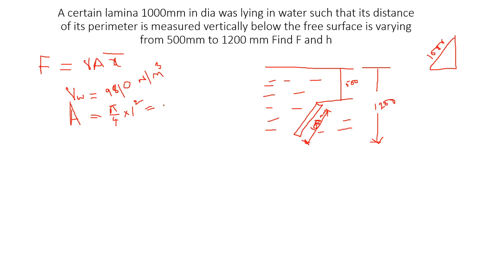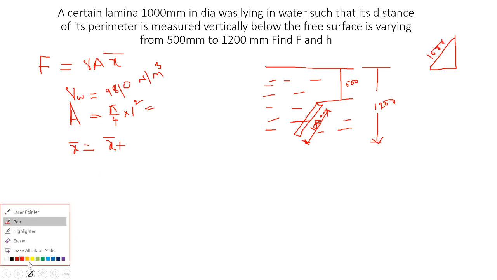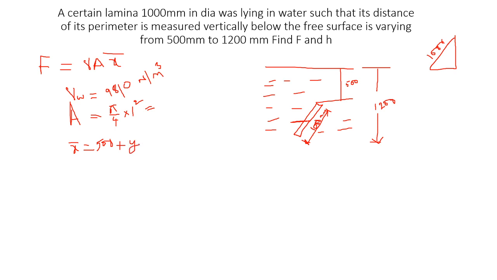Next, x bar. How do you find the x bar? X bar is equal to this length 500 plus y. How do you get the y?